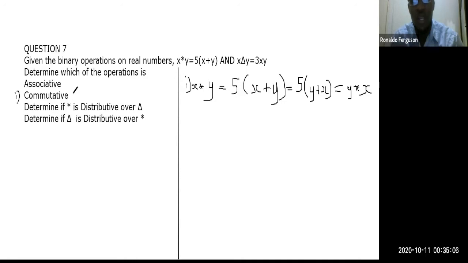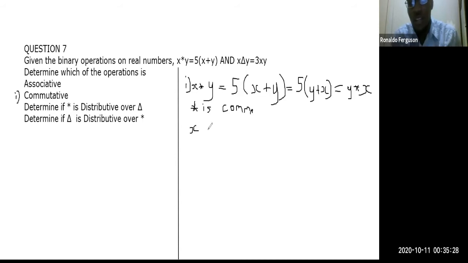Therefore we can definitely say star is commutative. I'm going to write COMM, which is short for commutative. Now let's check if delta is commutative.